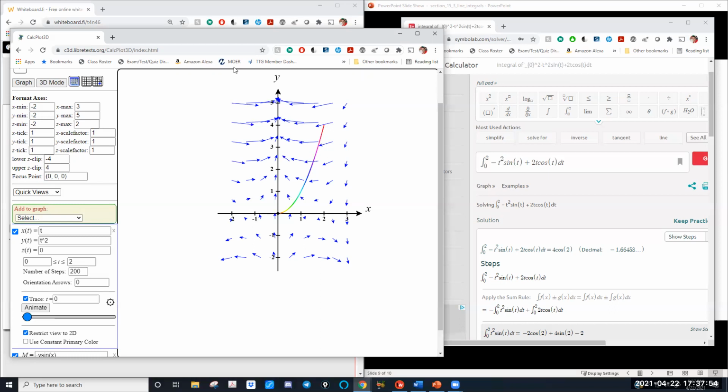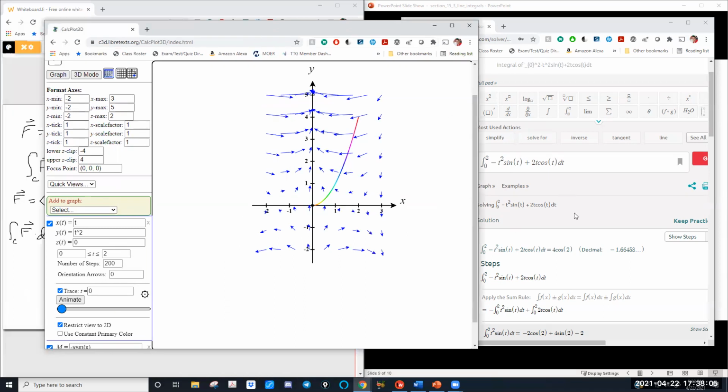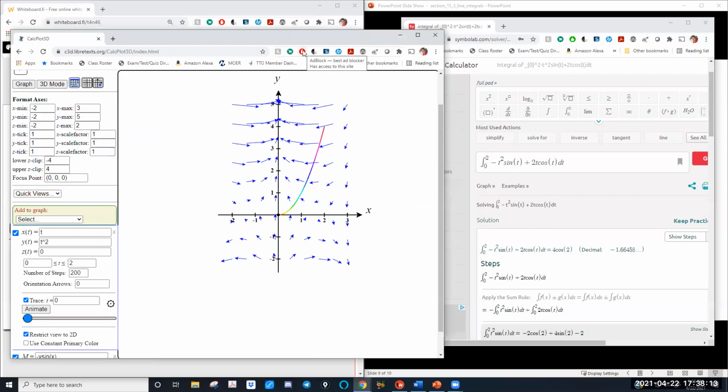Questions at this point? About how we set up the integral. Like I said, I didn't do the solving only because of time. I want you guys to have time to try some of these. And same with when you guys are working in groups.